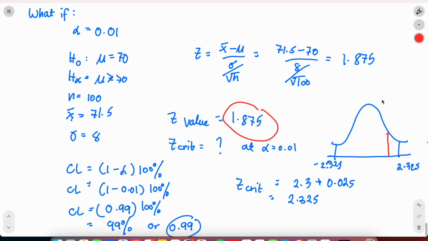So, now we know that, therefore, the null hypothesis is not rejected since z value is less than z crit.